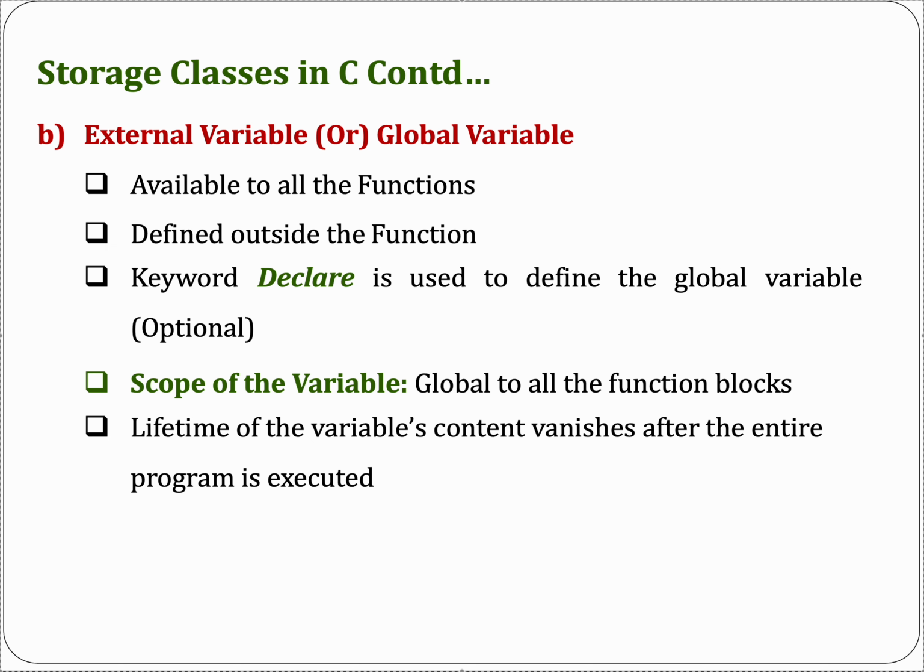Today we are going to discuss a topic called external variable or global variable. As we discussed earlier in the previous lecture, what are storage classes? What are the types of variable present in the storage classes? Storage classes are about what type of variable, how those variables are accessed, and the lifetime of the variable.